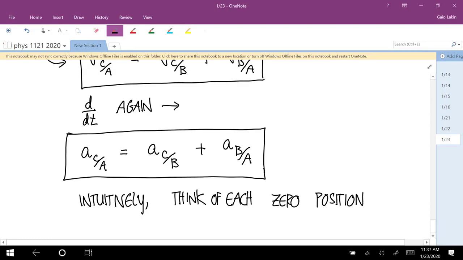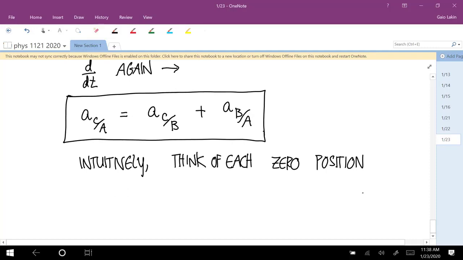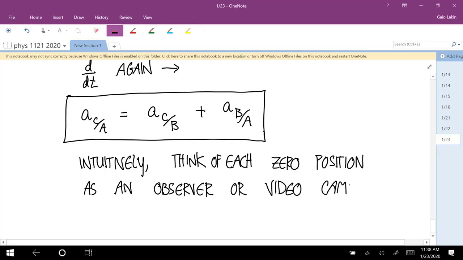Think of it as either a person represented by B moving around, or they don't have to be moving around, or a video camera that's moving around on some kind of cart. Then based on what's observed by one of the video cameras or one of the observers, you could calculate what the other video camera is going to see.